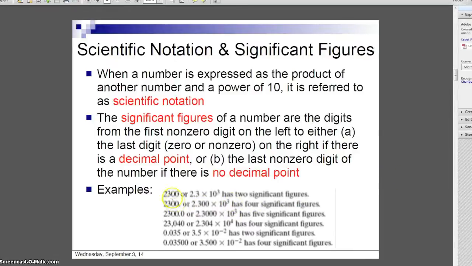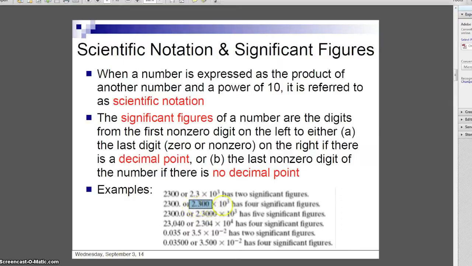Let's look at the second example. So this is 2300 and there's a decimal point at the end there. Since there's a decimal point, it has four significant figures, and it's the same with the scientific notation, which at the end it says 2.300.